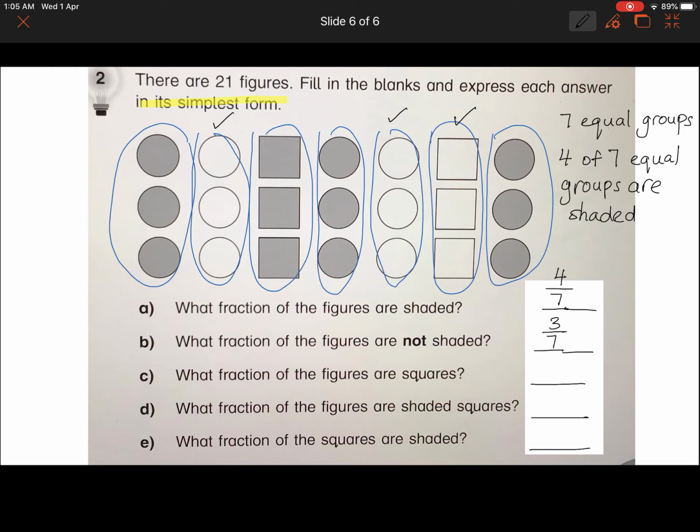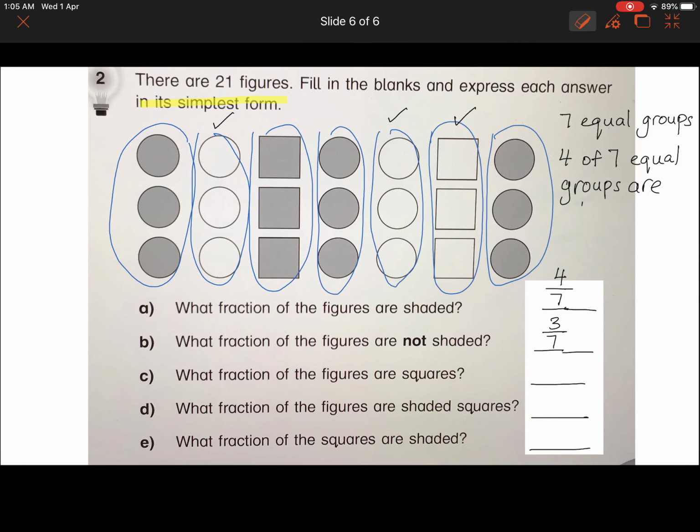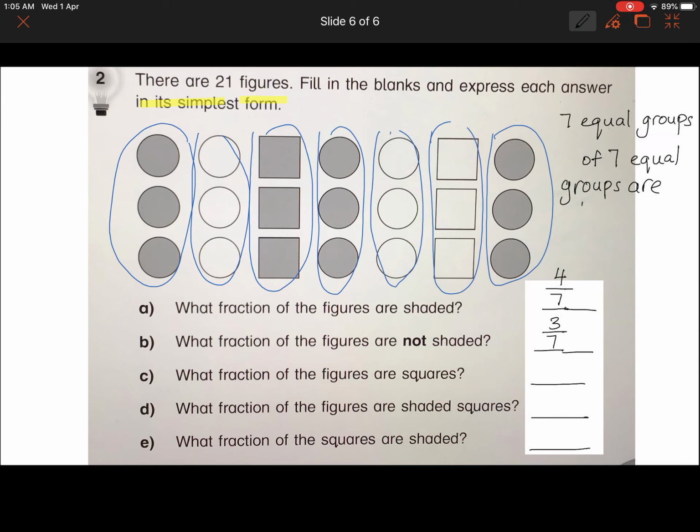Now, for the next question, C, they are focusing on shapes. So squares and circles. And since the original equal groups still are in the same shape, each shape in the groups are all the same, we can use it to do question C. From here, what fraction of the figures are squares? 1, 2.